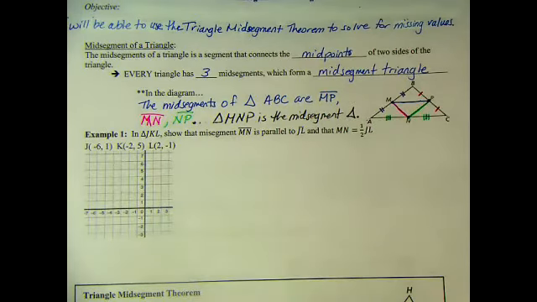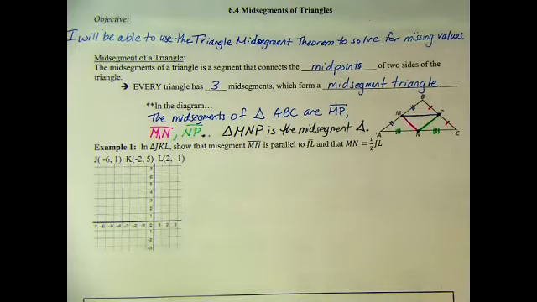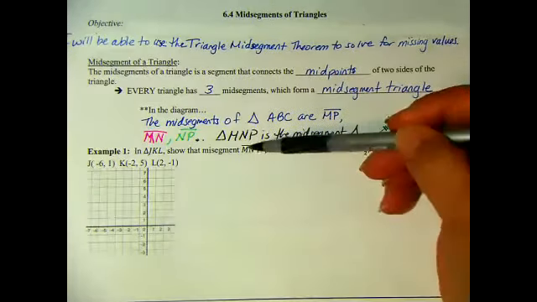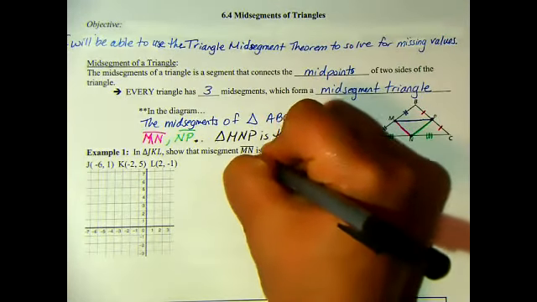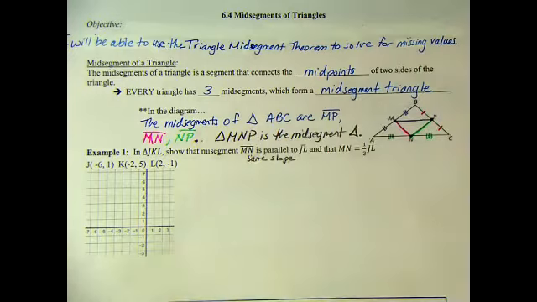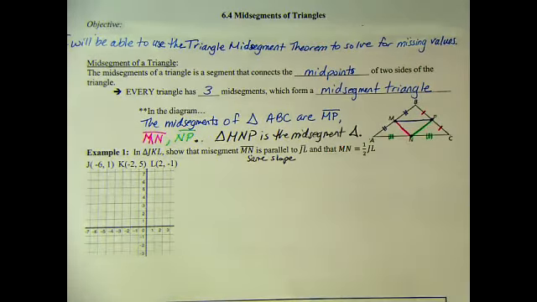In our warm-up, I asked you to identify two formulas: the distance formula and the slope formula. Both of which we're going to need here. To show that two segments are parallel, we need to show that they have the same slope, and that's where the slope formula comes in.